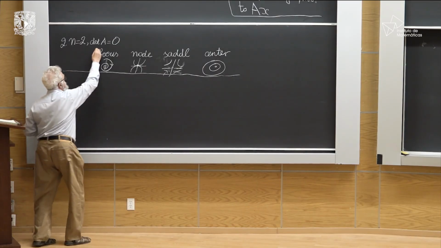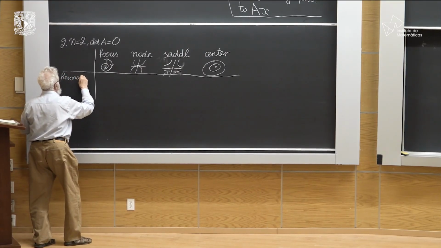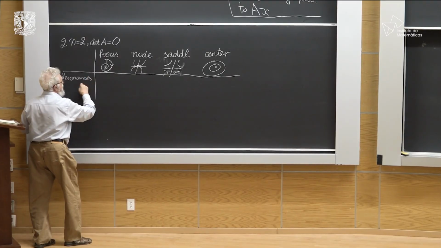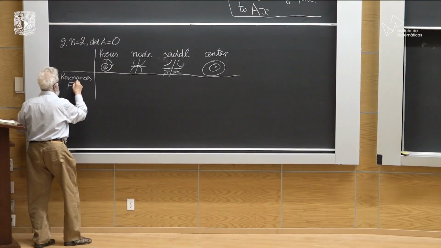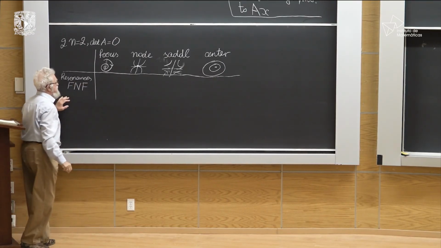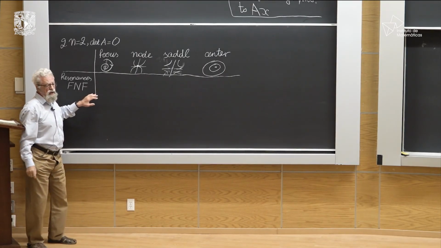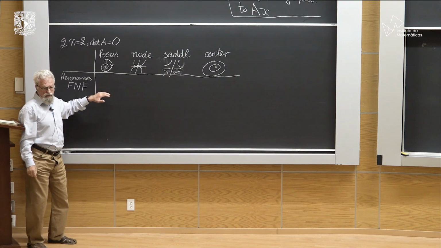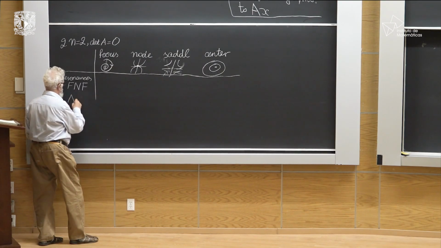So, do resonances occur in these cases? What is the formal normal form? That is the simplest equation V tilde to which we formally can transform our equation. And what is the analytic normal form?